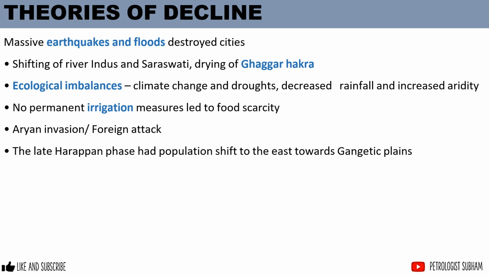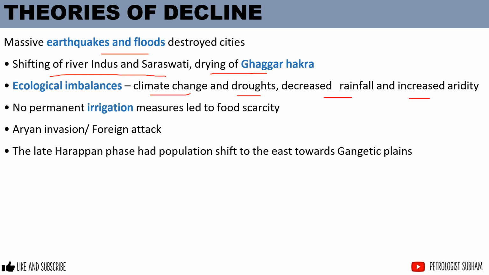What were the theories of decline of the Indus Valley Civilization? There are many theories. One of them is that massive earthquakes and floods destroyed the cities, the shifting of the rivers Indus and Saraswati, and the drying of the Ghaggar-Hakra river. Evidence of ecological imbalances can also be taken into account, like climate change, drought, disease, decreased rainfall, or increased aridity.